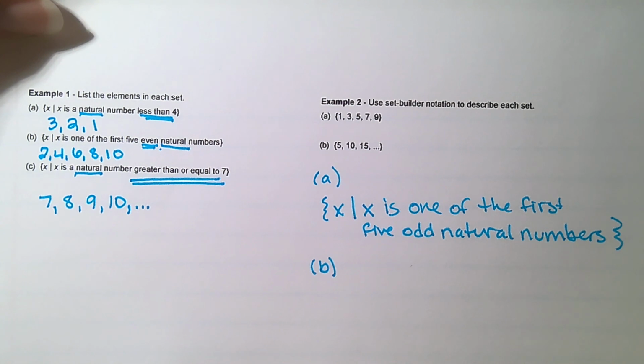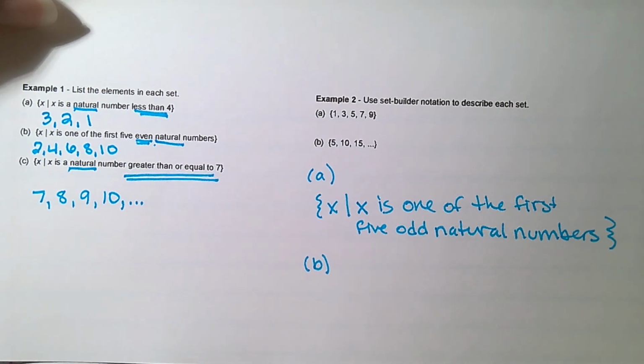We're only looking at numbers 5, 10, 15, and so on. It doesn't stop. So you might notice those are multiples of 5.